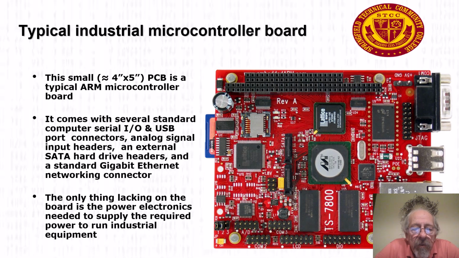It comes with several standard computer serial I/O and USB port connectors, analog signal input headers, an external SATA hard drive header, and a standard gigabit Ethernet networking connector. The only thing lacking on the board is the power electronics needed to supply the required power to run industrial equipment.